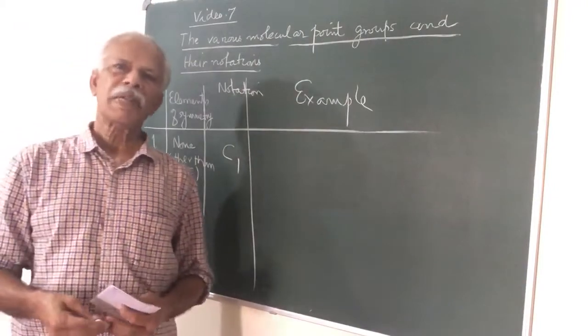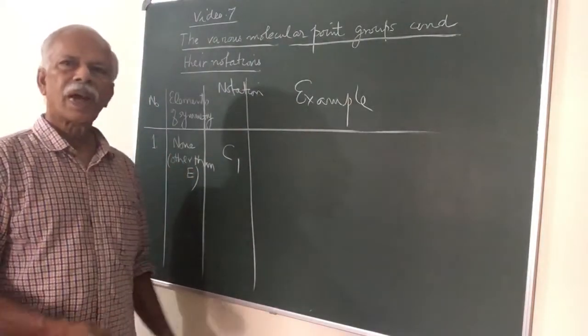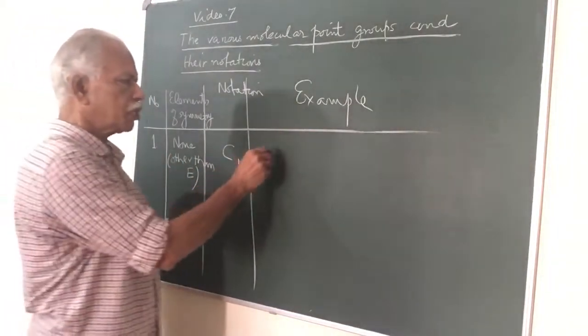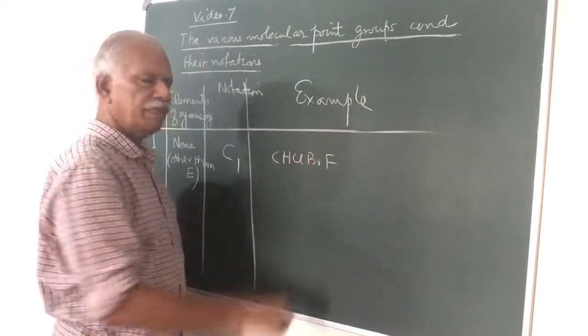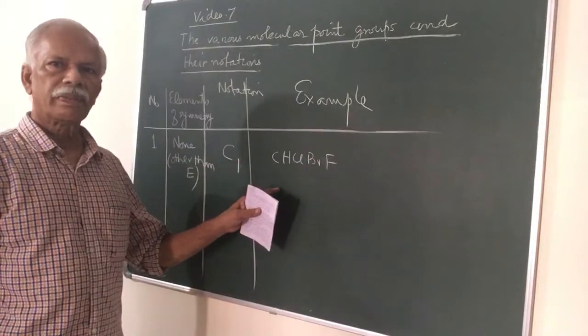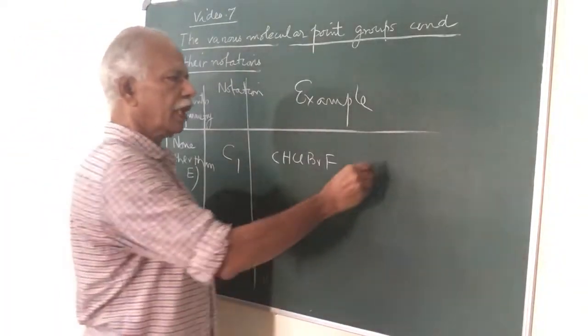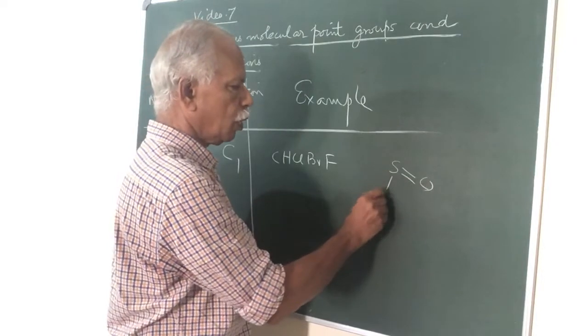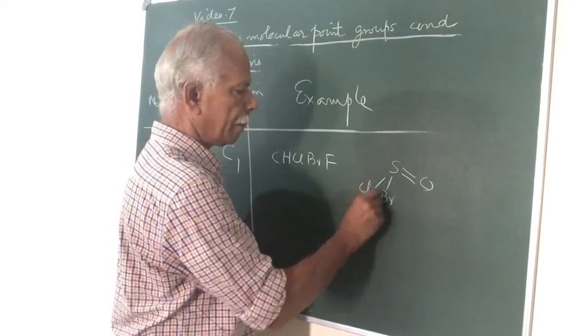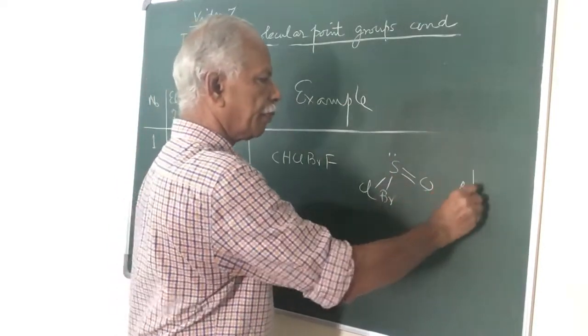Some simple asymmetric molecules are carbon connected to 4 different groups like CH, Cl, Br, F, methane with an asymmetric carbon, then sulfur bromo chloride, etc.